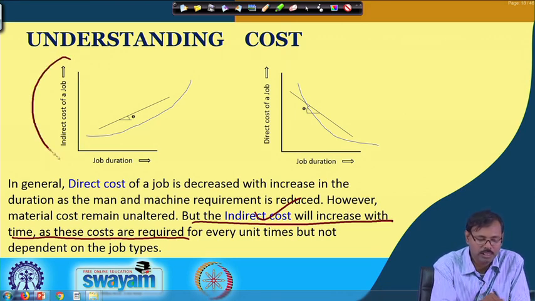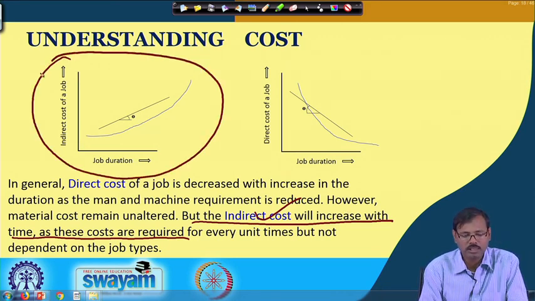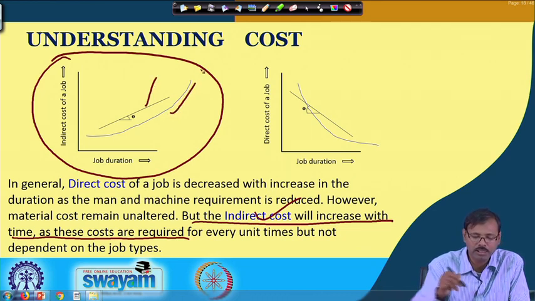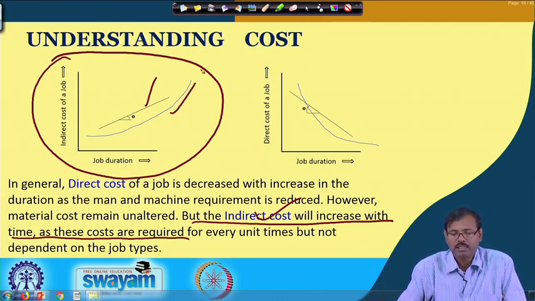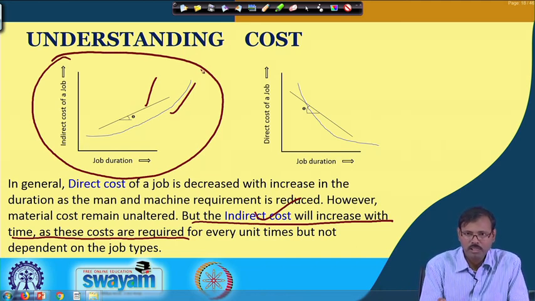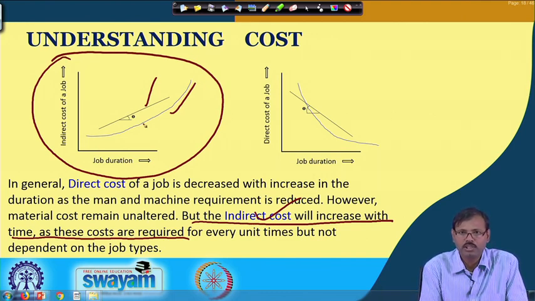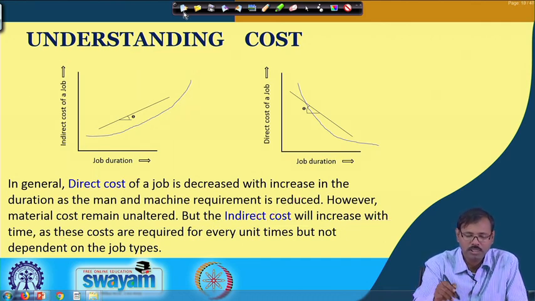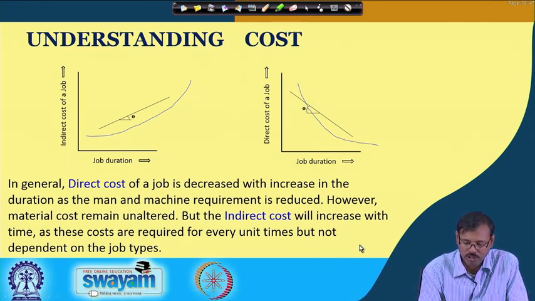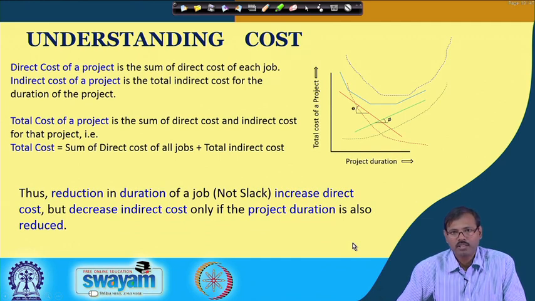As the time increases, the indirect cost may increase like this. The trend may be whichever, that is not a problem, but the trend has to be an established trend for our calculation purpose. In our simple calculation we consider it a straight line so that the calculation is easy, but it may be any equation that can be fed in and considered for the time dependency of the indirect cost. So it is well understood now that indirect cost increases with time and direct cost decreases with time.